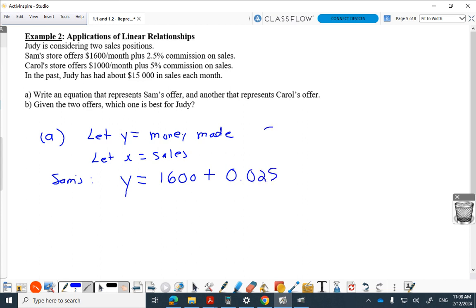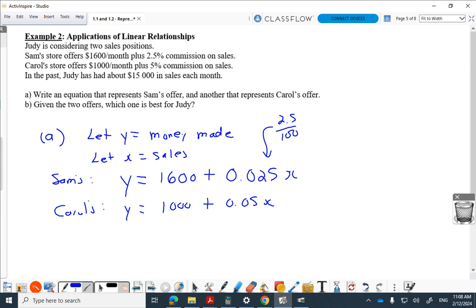All I did there was take 2.5 and divide it by 100. So then Carol's will be Y equals $1,000 plus 0.05x. We've jumped right into a real world question here, friends. So that's A, made the equations.